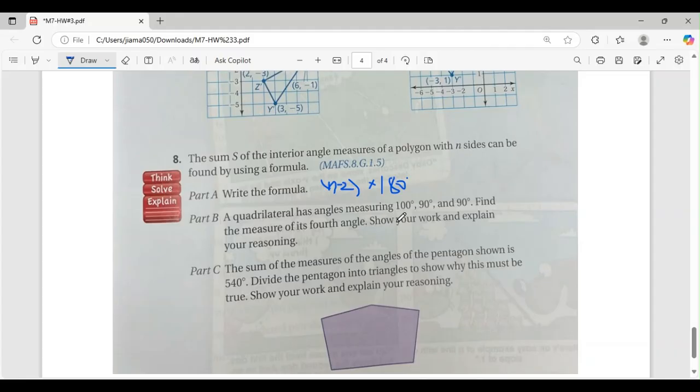Okay, let's use this formula to find the interior angle measures. So the quadrilateral has 4 sides, so use 4 minus 2 times 180 degrees, which equals 360 degrees.